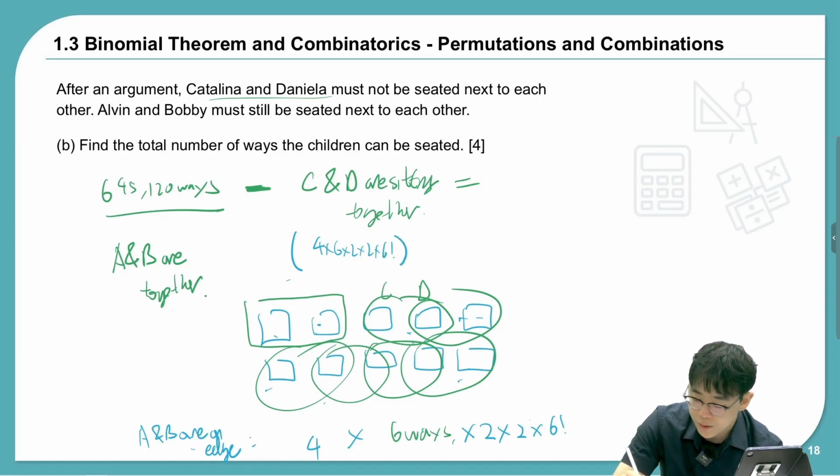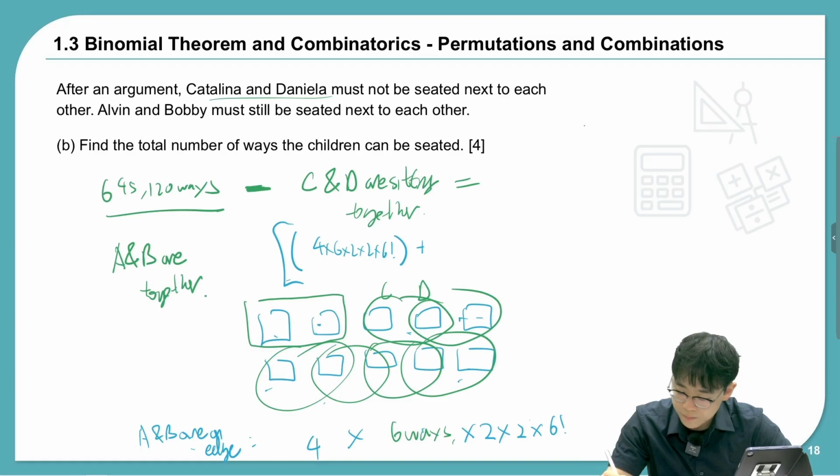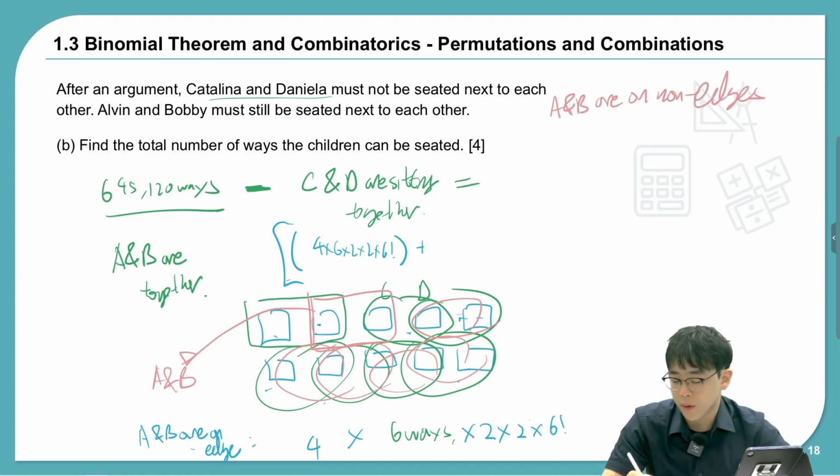Right? And then we could also try the case where Alvin and Bobby might not take the edge seats, but rather they might take the center 2 seats. So if Alvin and Bobby were to take these 2 seats, then C and D can sit in either 1, 2, 3, 4, or 5 seats only, right? So Alvin and Bobby can take the center seats or non-edge seats. So if A and B are on the non-edges, they could take 1, 2, 3, 4.